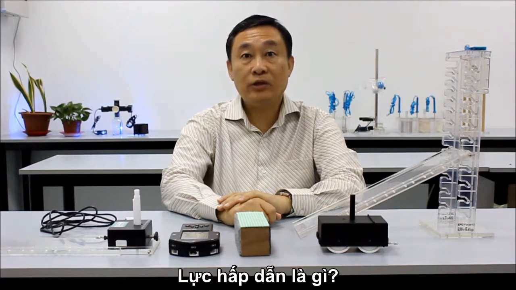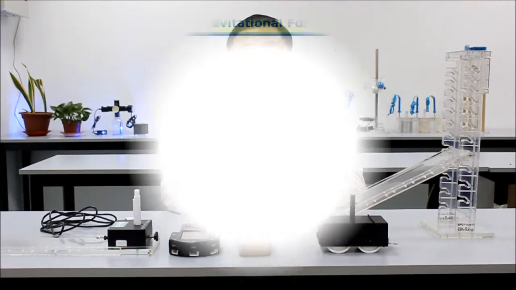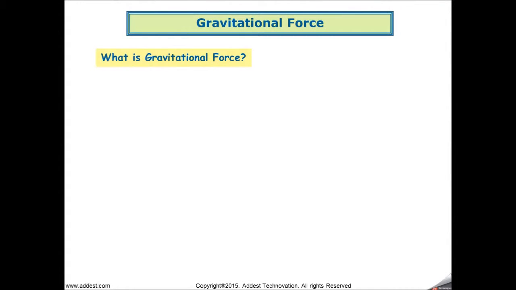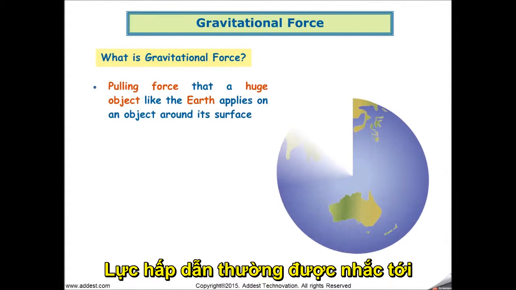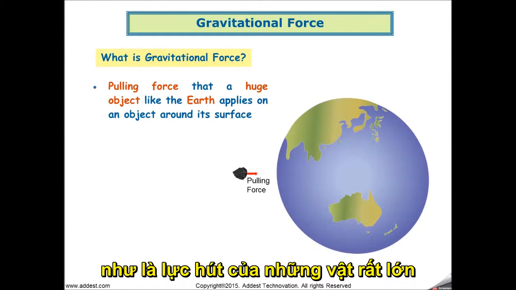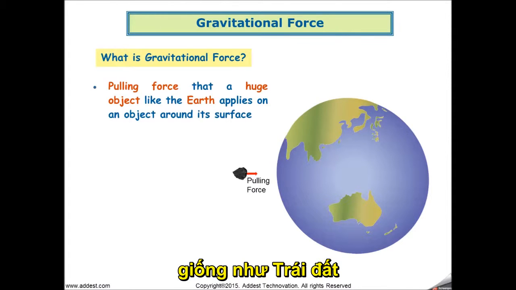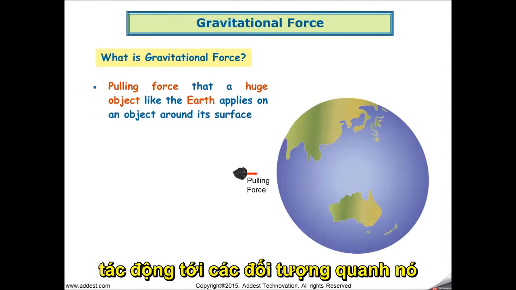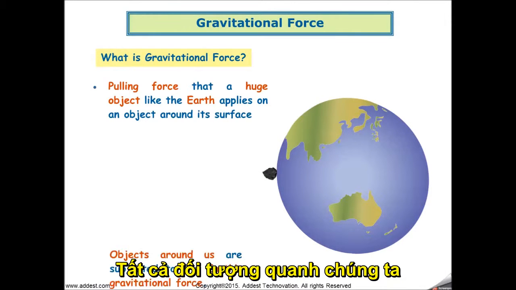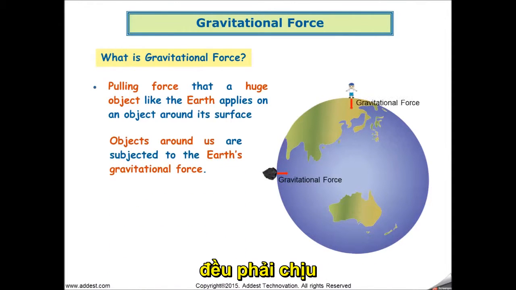What is gravitational force? Gravitational force is often referred to as the pulling force that a huge object like the Earth applies on an object around its surface. All the objects around us are subjected to the Earth's gravitational force.